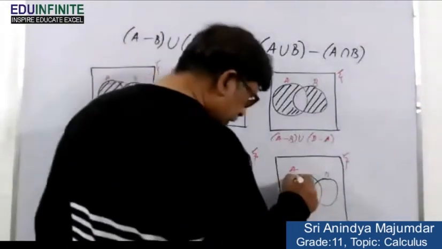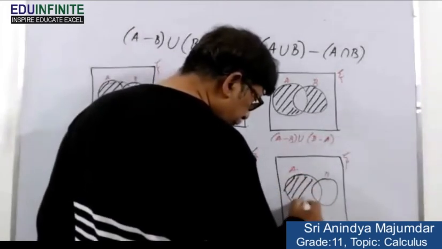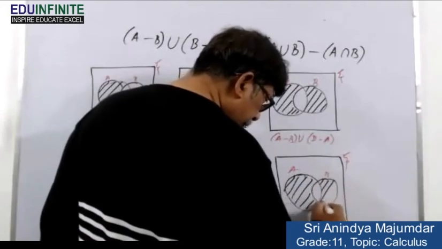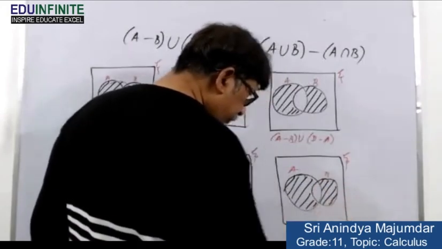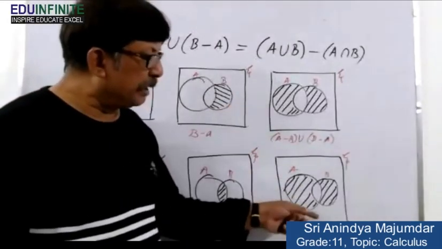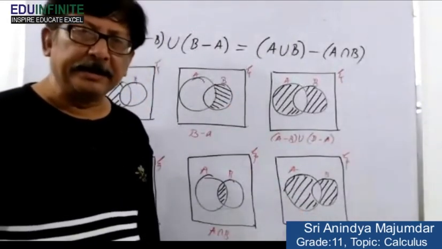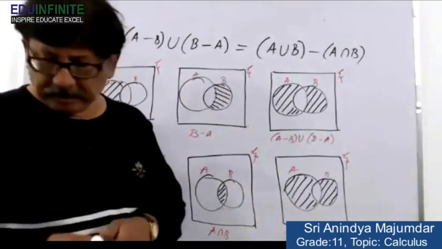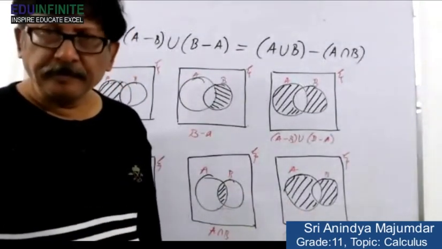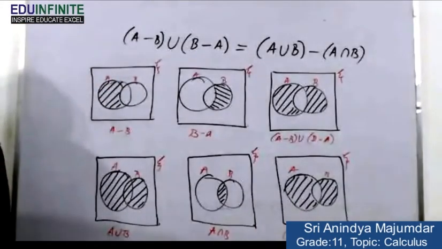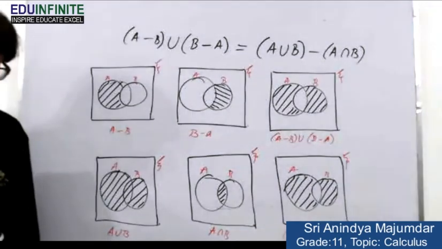I get this, not the intersection portion. And I find the third diagram and the sixth diagram are identical, hence these two sets are equal. Clear?